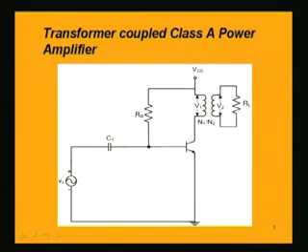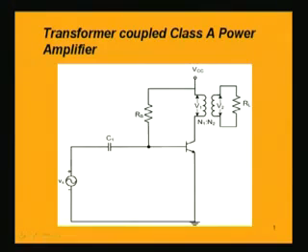Now the resistance RL is the load resistance connected across the secondary of the transformer, and we are using a fixed bias scheme given by the resistance RB, similar to what we discussed earlier in the series fed class A power amplifier. Here the primary has voltage V1 and the secondary has voltage V2.